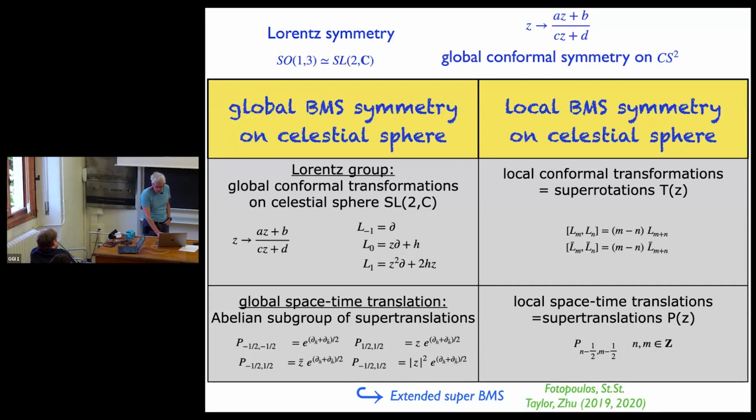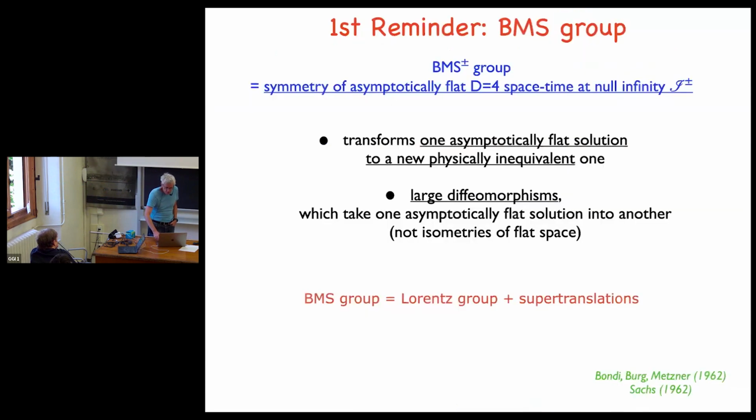Maybe at this point, let me make my first reminder: what is the BMS group? The BMS group is the group of transformations which leaves all asymptotically flat four-dimensional spacetimes invariant at scri plus minus. So it transforms one asymptotically flat solution to a new inequivalent one.